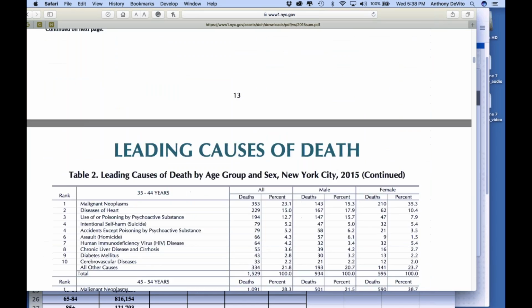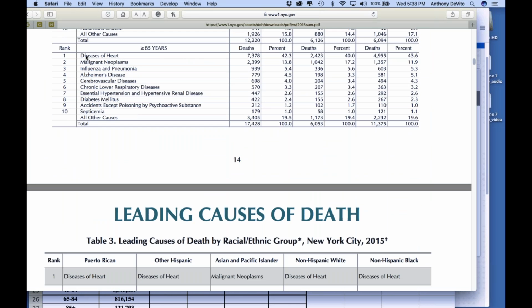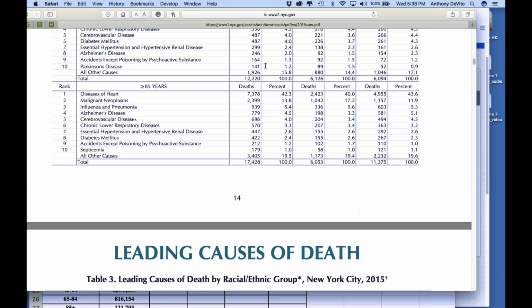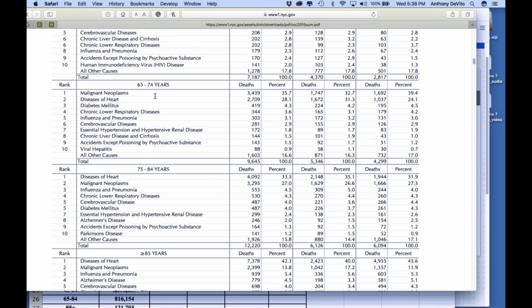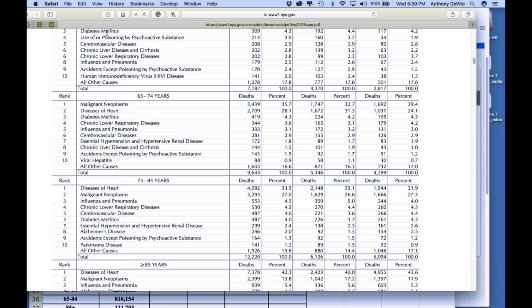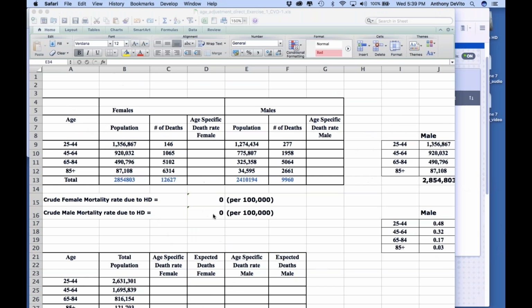So you could go through here for each of these age groups and record how many people died. Notice that for greater than 85 years, the number 1 cause of death is diseases of the heart for both males and females, and so on. So we actually could cull this data, and that's what we did, and we summarized it in this table.